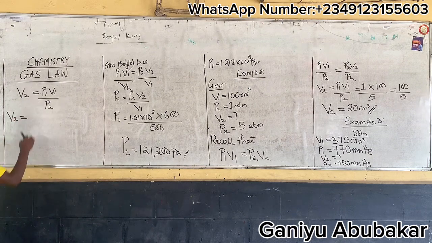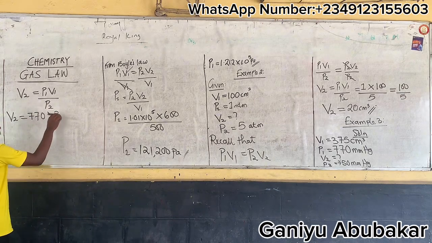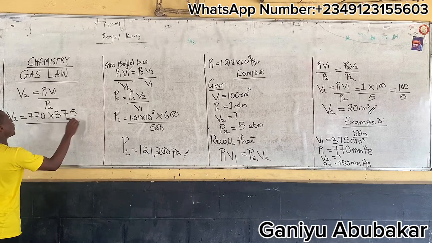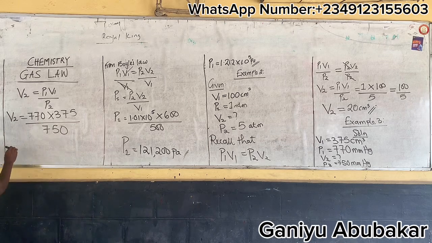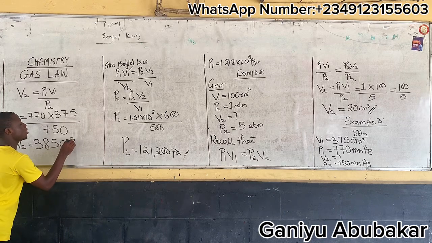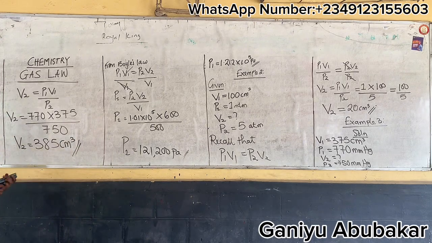What's your P1? 770 times V1, 375, over P2, which is 750. If I multiply this out and divide by 750, I should have 385 centimeter cube. So this is your answer.